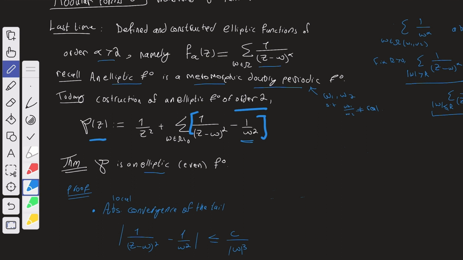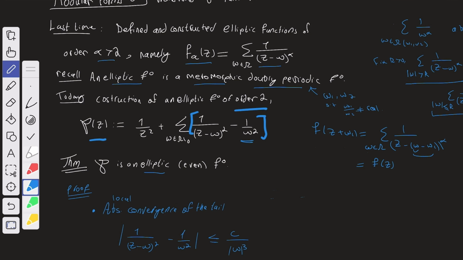So recall, to prove that the functions of alpha are elliptic of order alpha, we had to use absolute convergence for a rearrangement argument, because we wanted to say that f of z plus omega 1, which is the sum over 1 over (z plus omega 1 minus omega) to the alpha, we had to say that this is the same as f of z by a rearrangement argument, because as omega runs over all the elements of the lattice, so does omega minus omega 1, but we'll be summing the sum in a different way.